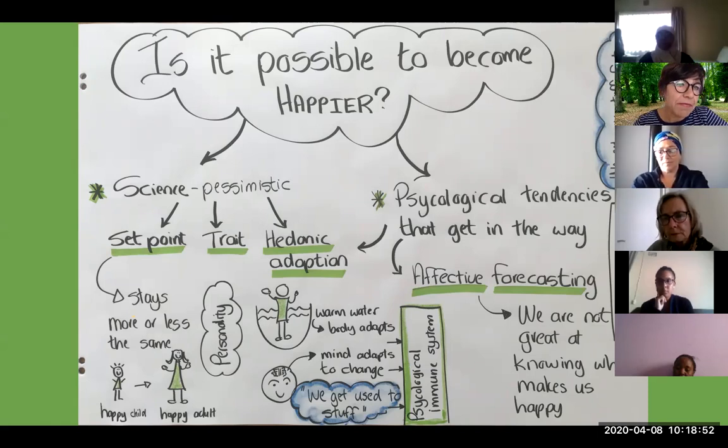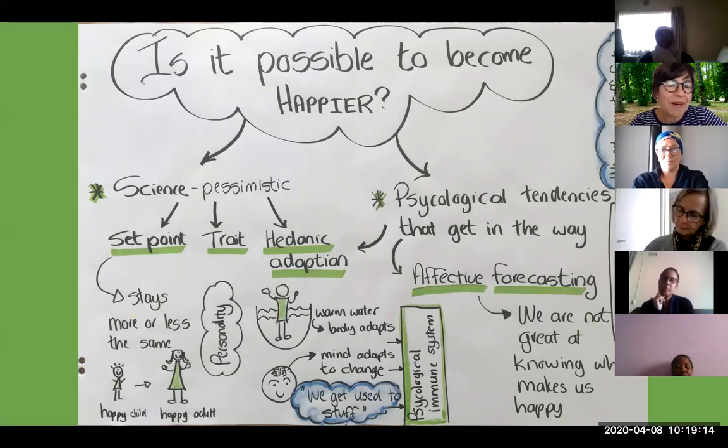And a lot of experiments has been done to show this. So we are unable to predict how long we're going to be impacted by an event or by an experience, and therefore we are actually not able to understand how happy or how unhappy something is going to make you or me.